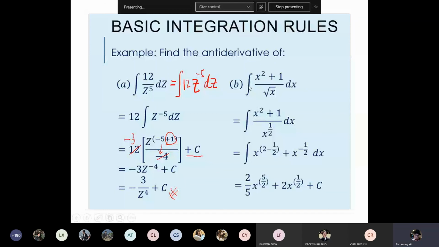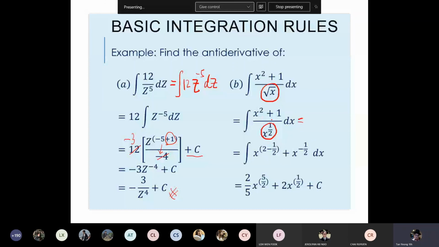Okay, example B. Now we have x squared plus 1 over square root of x, and we need to integrate this. How to integrate this one? First, we need to change the square root to the power of 1 over 2. Again, we need to change to exponential form, indices form, so that we can simplify and integrate.